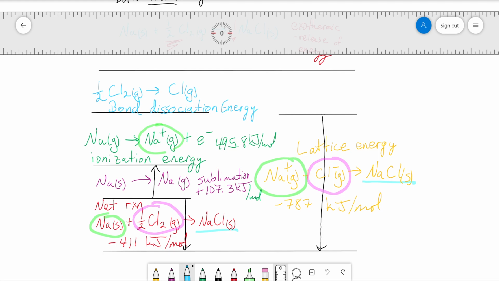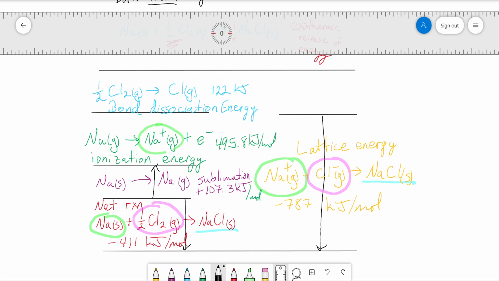So let's put that energy in, and that is 122 kilojoules. Okay, now that is 122 kilojoules for 1/2 a mole of chlorine, because right here we have 1/2 a mole. So the bond dissociation energy for chlorine, when you look it up, would be double that. It would be 244.